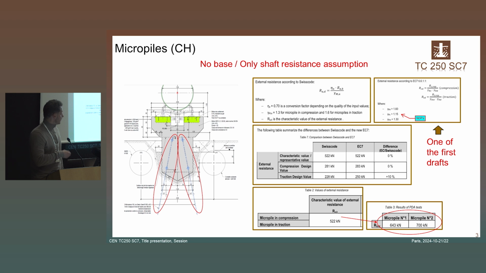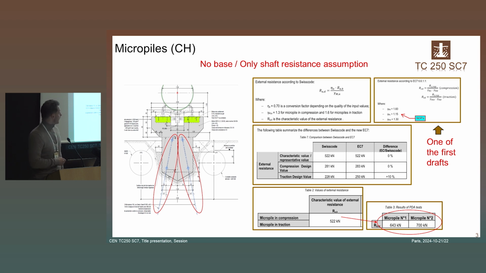In the end, on compression there's basically no difference at all, and in tension there is a 10% difference, where the Swiss code would be a little more conservative. But again, this is about partial factors that are NDPs, so that could change a little.